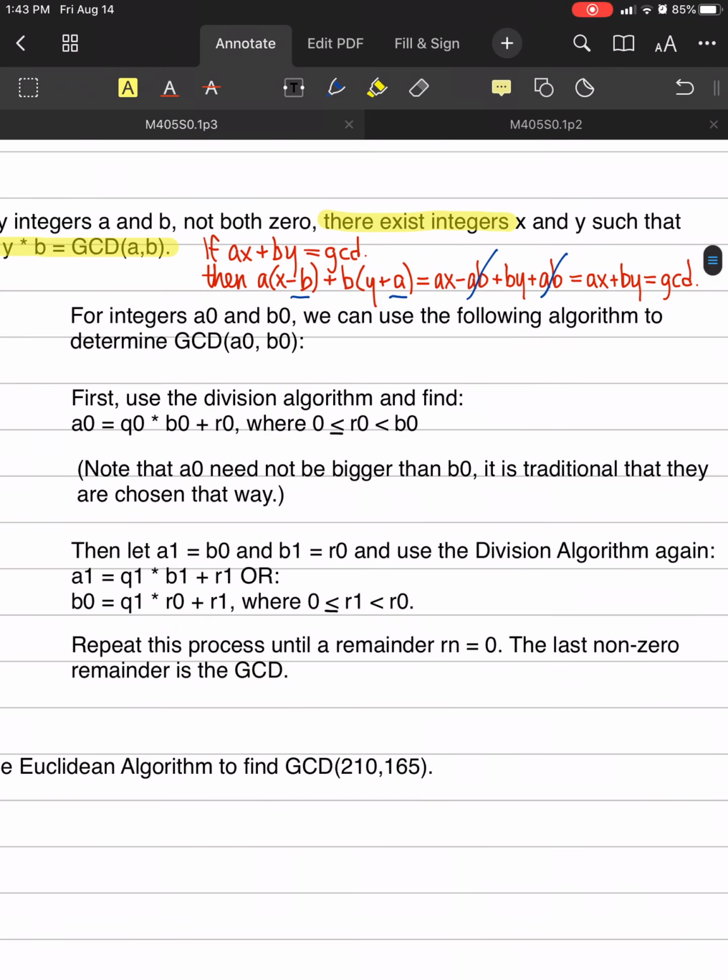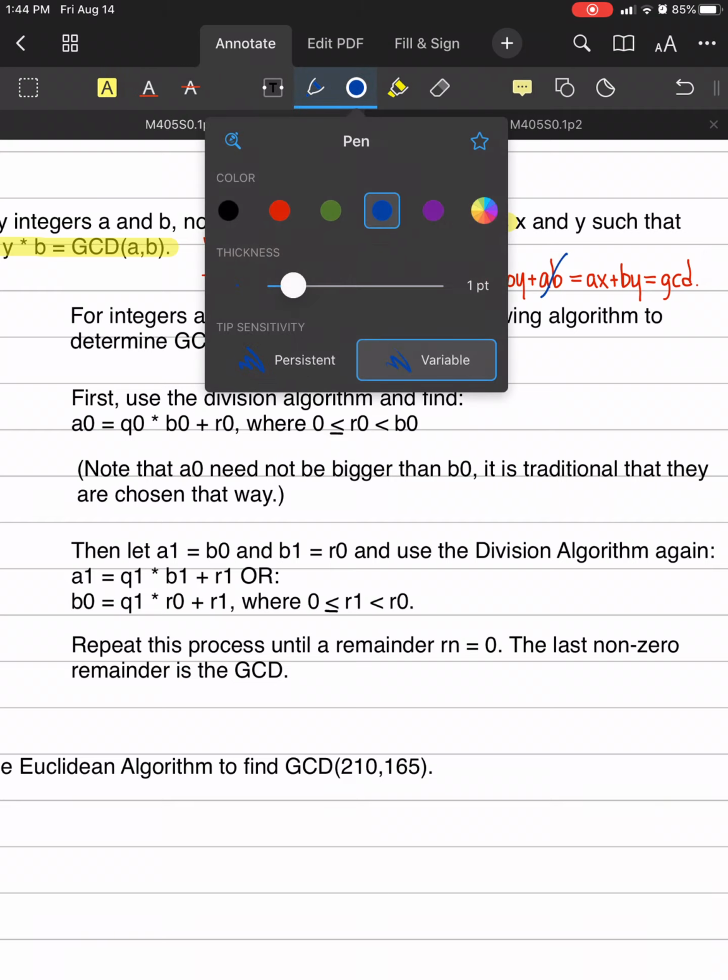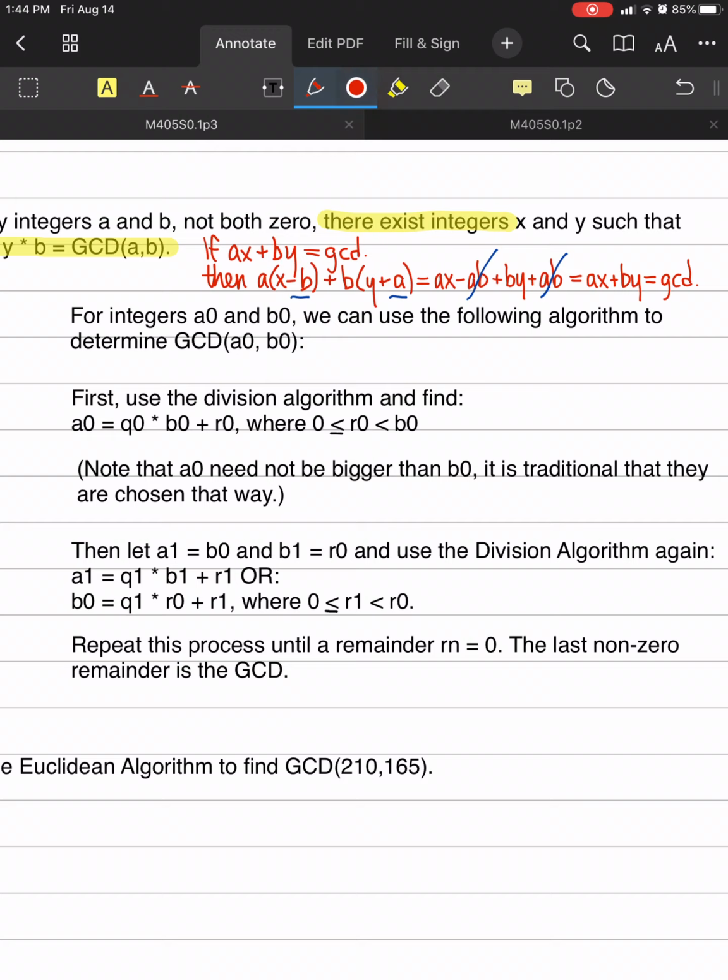Okay. So the Euclidean algorithm. Let's use this, maybe in red. For integers, A0 and B0. Now, the book has these as subscripts. Unfortunately, this PDF editor, the typing doesn't make making subscripts easy for me, so I haven't figured out how to do it yet, and there might not be a way.